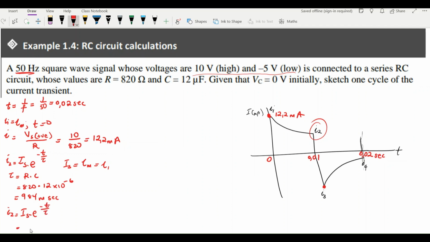When we substitute that, we'll have 12.2 exponent negative 3 in a bracket, multiplied by e to the power negative 0.01 divided by 9.84 exponent negative 3.